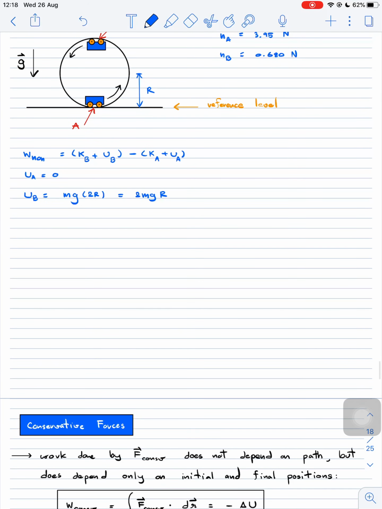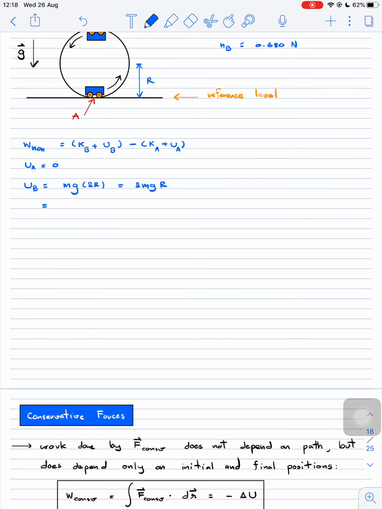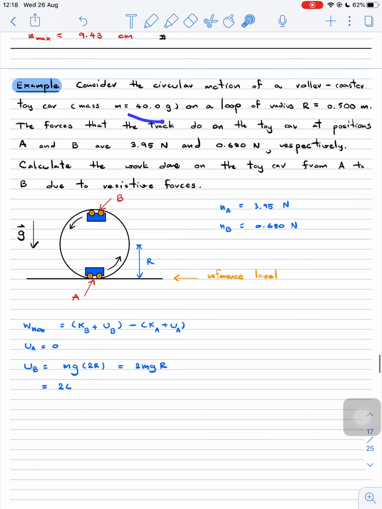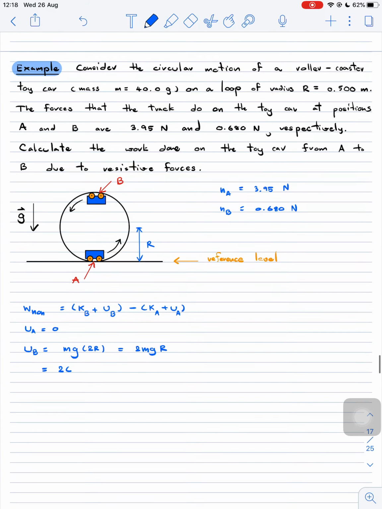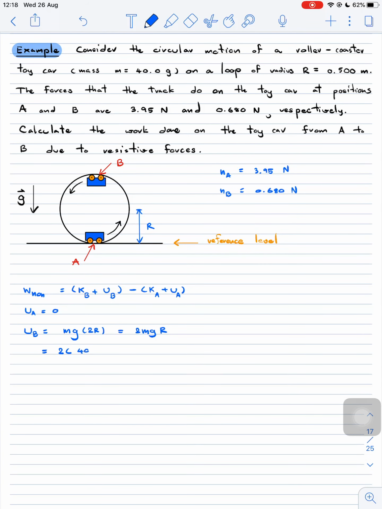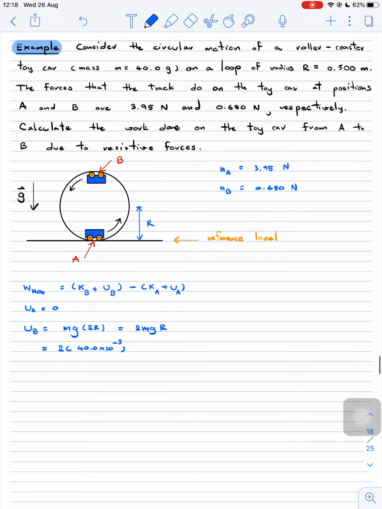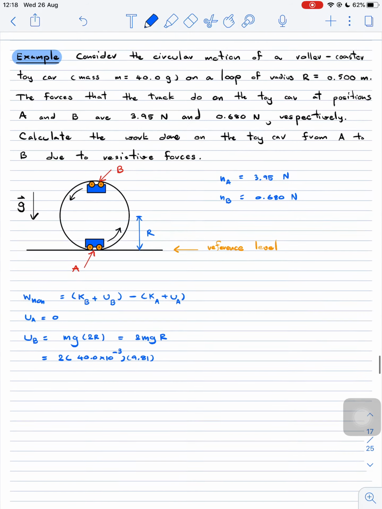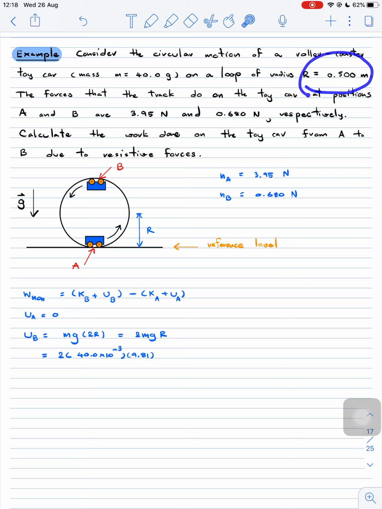Okay, I think we should plug in the numbers to make it look easier. So we have 2 times the mass, equal to what? We have 40 gram, right? So it's equal to 40 times 10 to the negative 3. Okay, we just change to kilogram, and then times g, 9.81, times the R, which is 0.500.